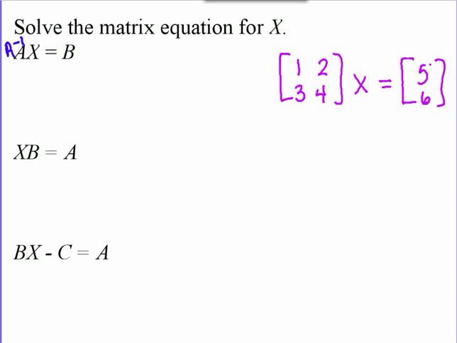So if I multiply it on the left side, I've also got to multiply it on the left on this side. So do you see how that works? So the inverse and a cancel out, and I'm left with x. On the right side, I've got a inverse times b. And it does matter what side you put them on. It could be the difference between being able to solve a problem and not being able to solve a problem.